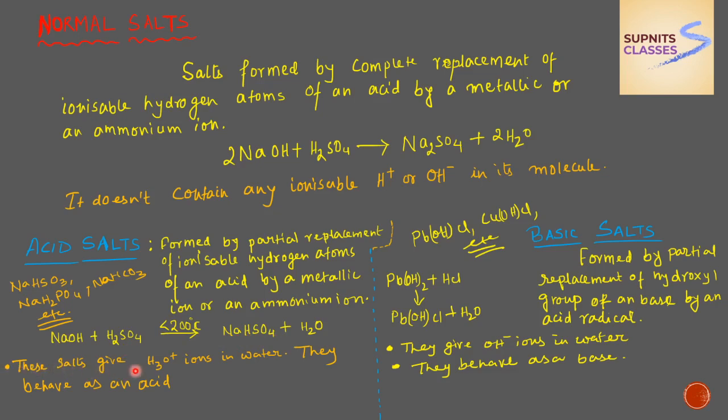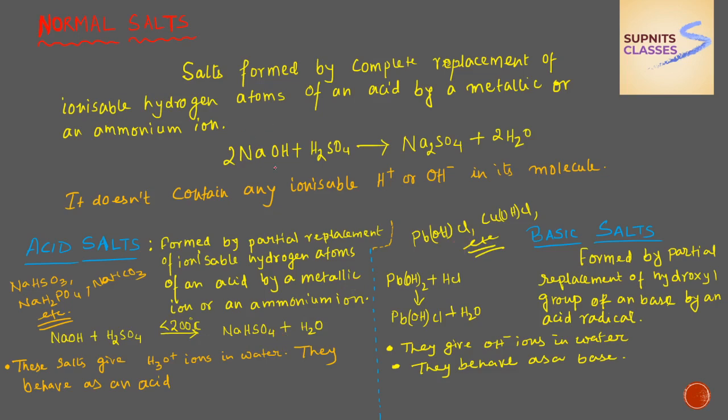This salt gives H3O plus ions in water because it behaves as an acid. It still has that replaceable hydrogen atom, so when the salt dissociates in water it gives H plus.